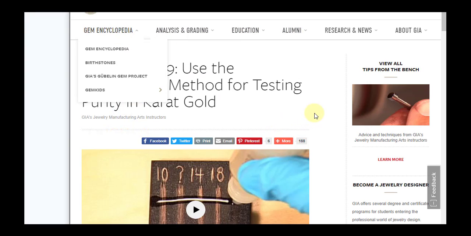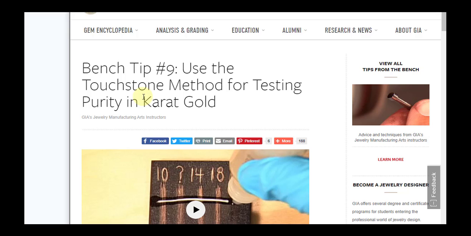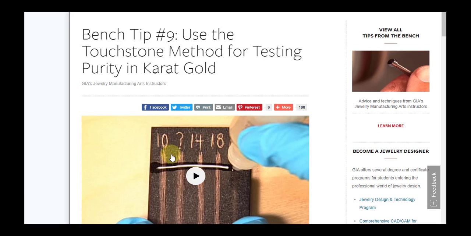And here's our site for the Gemological Institute of America, where they indicate how to use a touchstone to find out if you have pure gold or not. The general idea is to put on an acid that can oxidize almost any material except for gold.